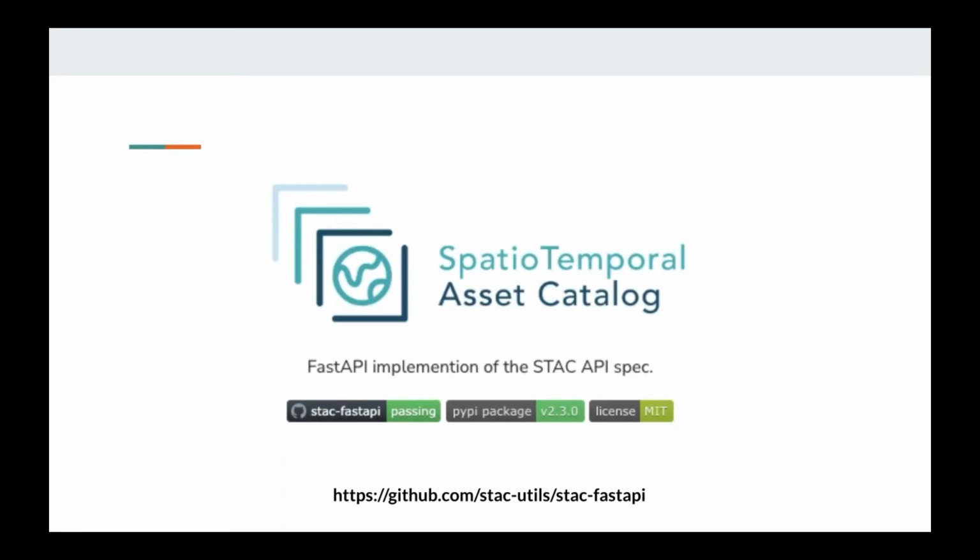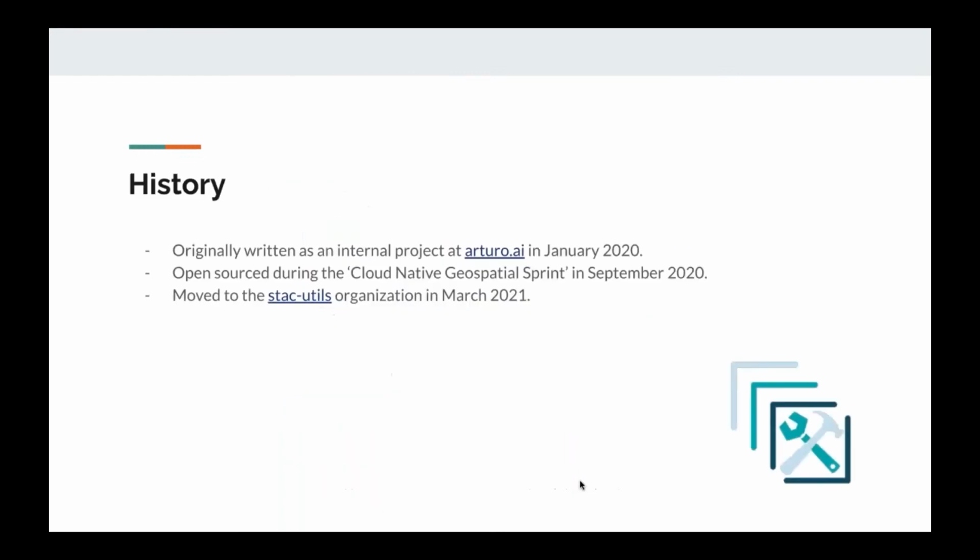It's a FastAPI backed application that is batteries included and pretty pluggable, such that in T-Tyler you can implement a lot of your own tile fetching strategies, and STAC FastAPI is very similar. It's built on top of FastAPI, very much batteries included, but it's designed to stand up a STAC API. So you can find it in STAC Utils at STAC FastAPI.